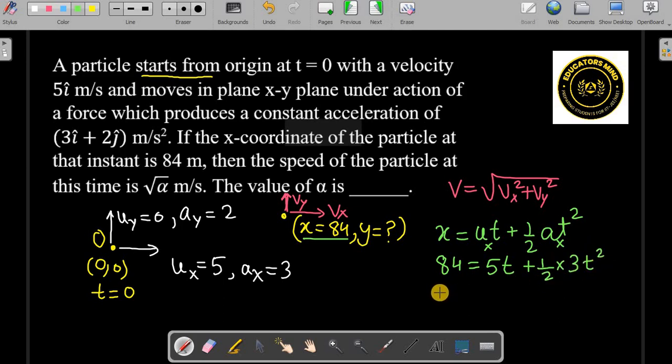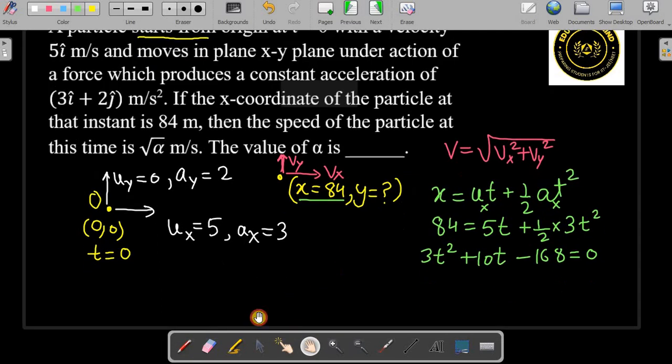So from here we are getting an equation. What is it? 3t square plus 10t minus 168, is equal to 0. Now from here time we can calculate. So how much the time will be, that we need to calculate. Okay. Yes, so what will be the time? This is a quadratic equation, we can solve this. Let's solve this time.